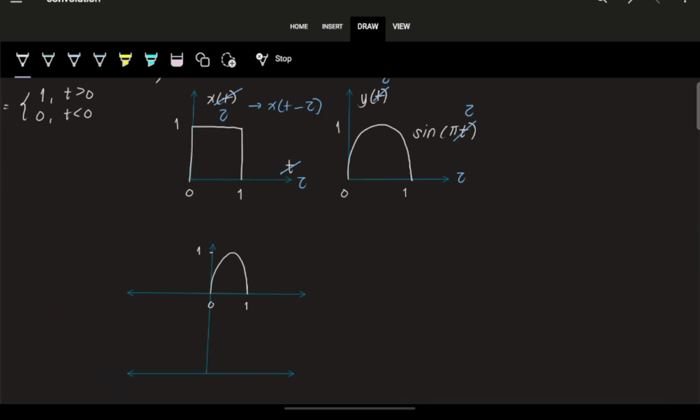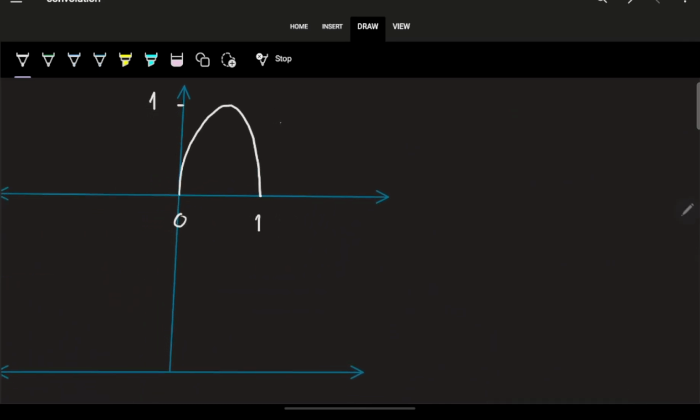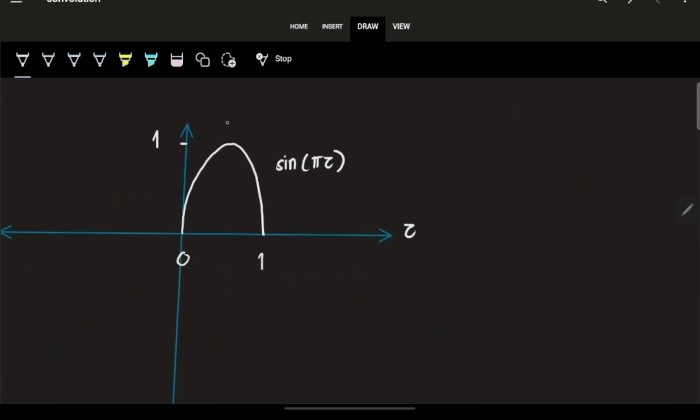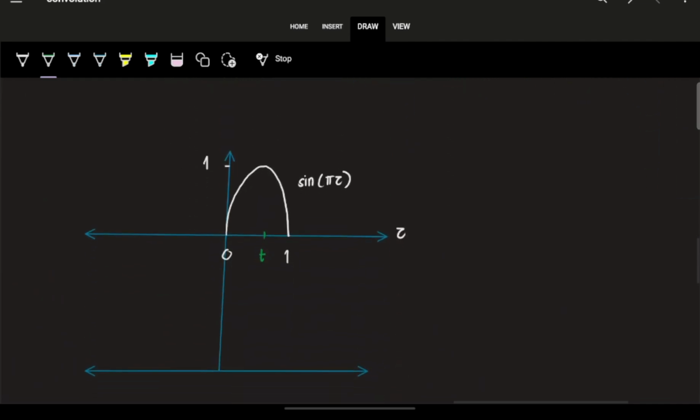Since dalawa lang naman ng values natin, yung critical points natin dito between 0 and 1, and this function is defined by sine pi of tau. So, this is already in tau, remember? Let's select a value between 0 and 1. Say, let's say this is t. Remember that our rectangular pulse has also an amplitude of 1. So, we're going to use this.